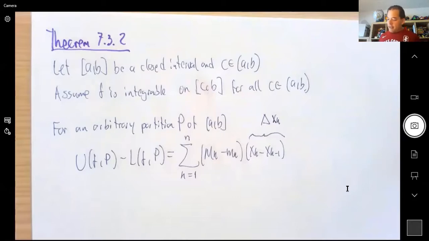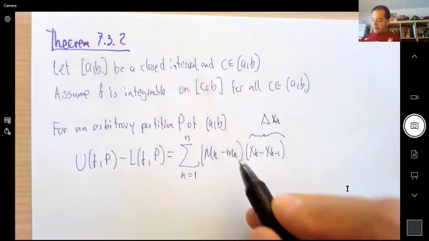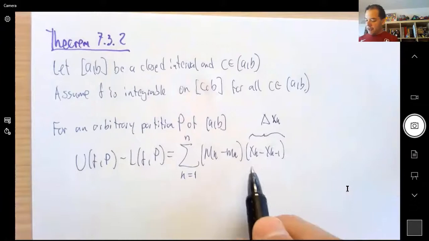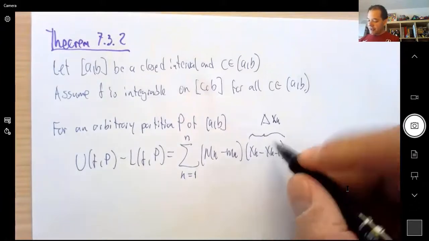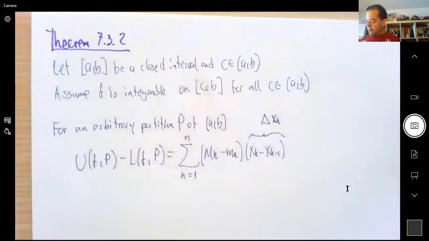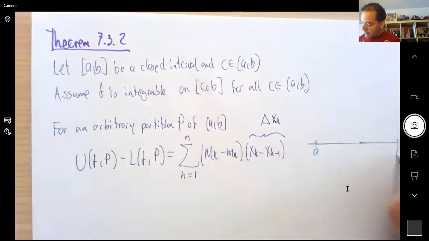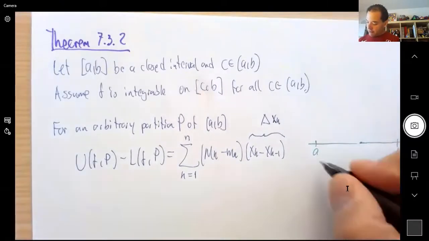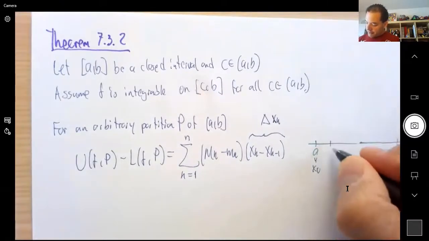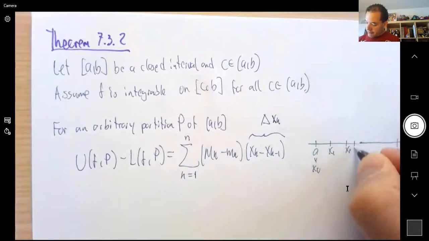Okay, and the part that I want to emphasize here is, let's separate the first term, because x0 for sure is A, right? So remember, if you have our partition from A to B, this guy is x0 always, and then we have x1, and then x2, x3, and then this is xn.